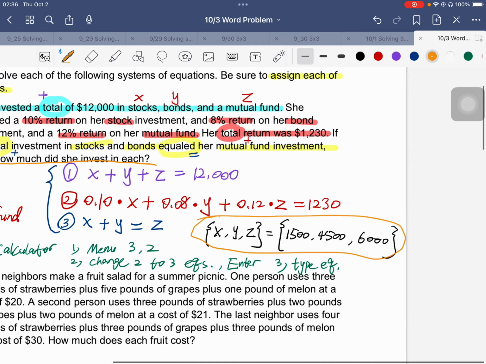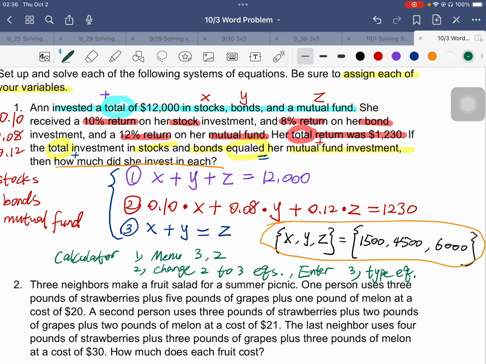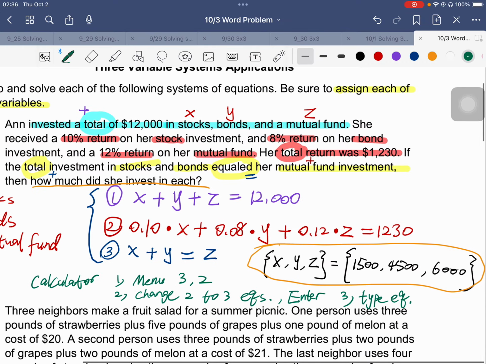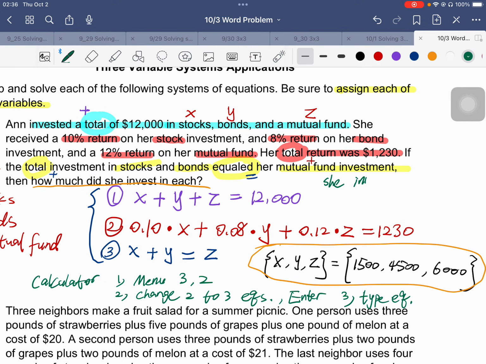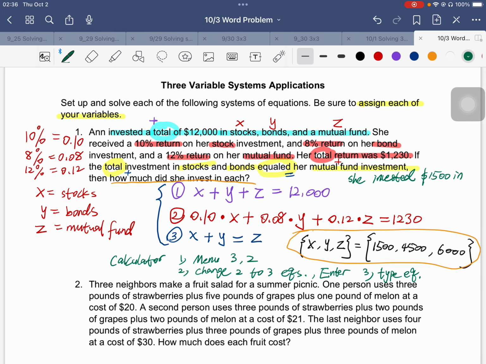So in words, I'll write she invested 1500 in stocks, which is X, 4500 in bonds, and 6000 in mutual fund. Okay, that's it.